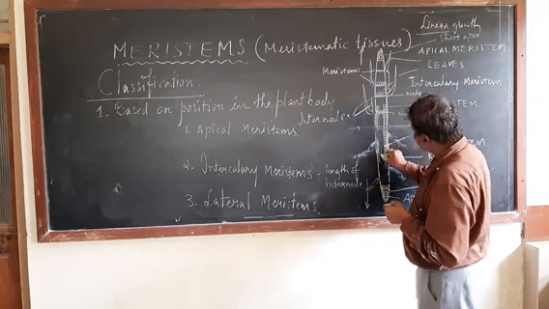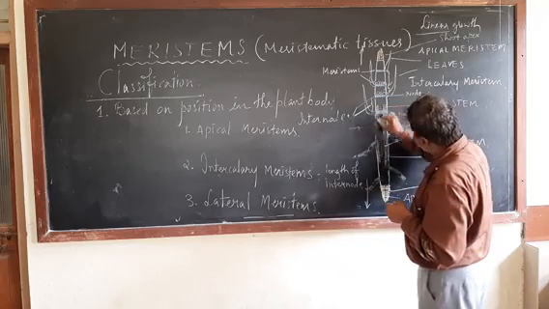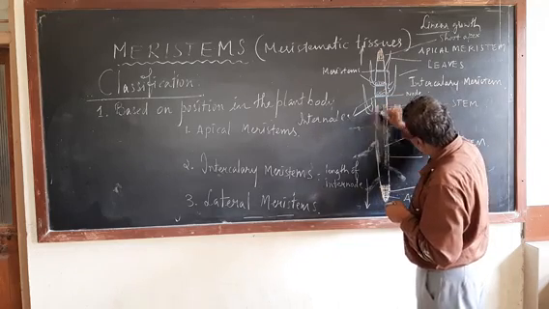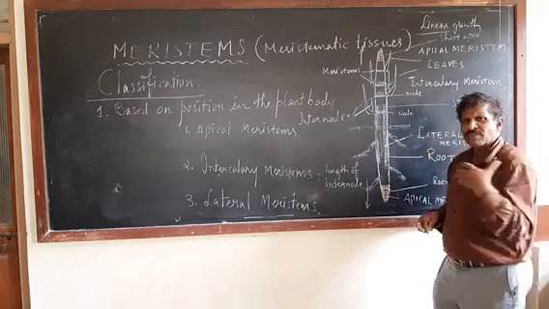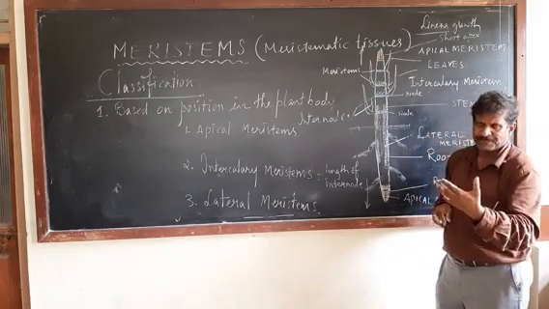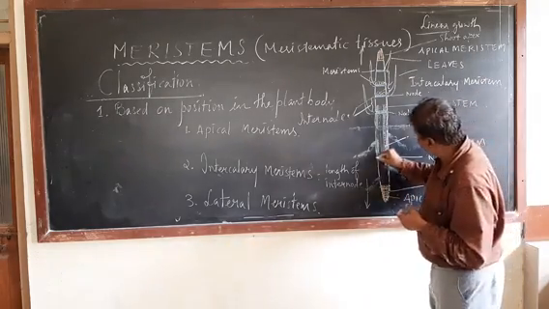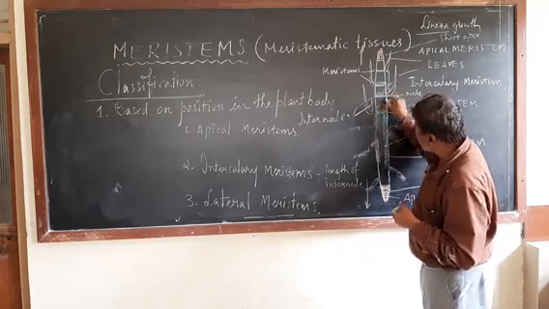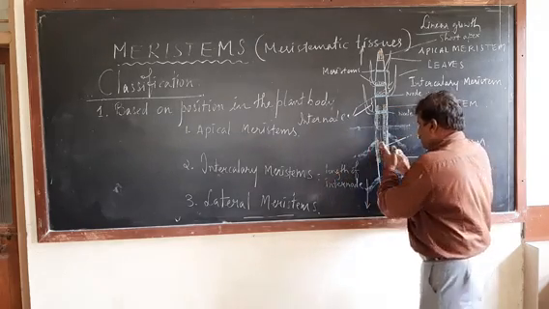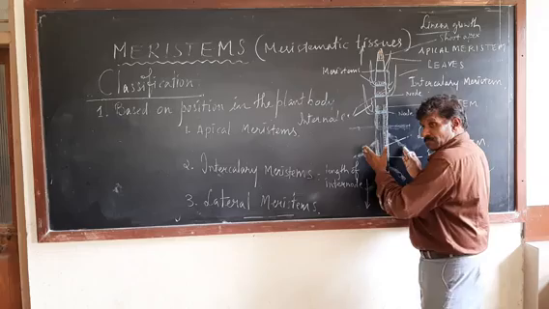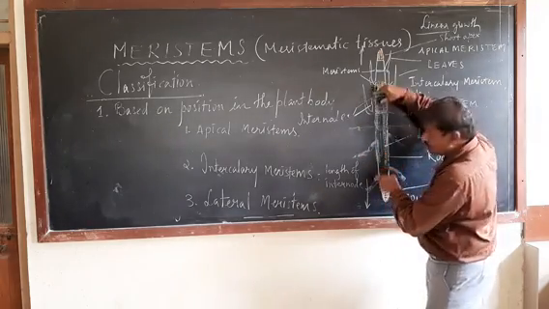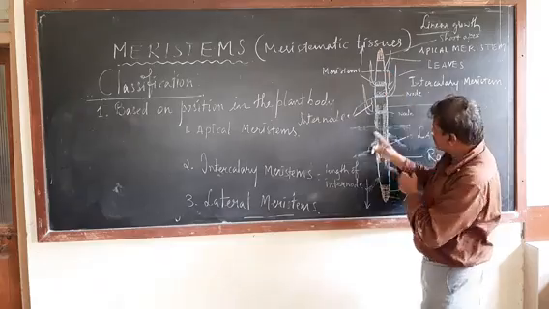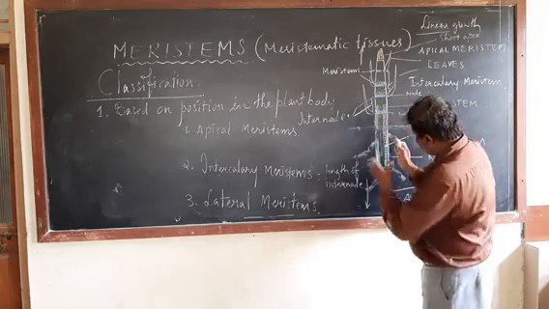Just imagine the lateral sides of the stem and root being continuously added with new cells. With the addition of these new cells on the lateral sides, definitely the thickness of the stem or root increases. Here, increase in length never happens, because new cells are added on the lateral sides.